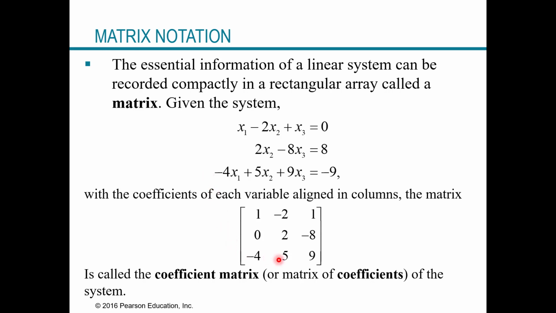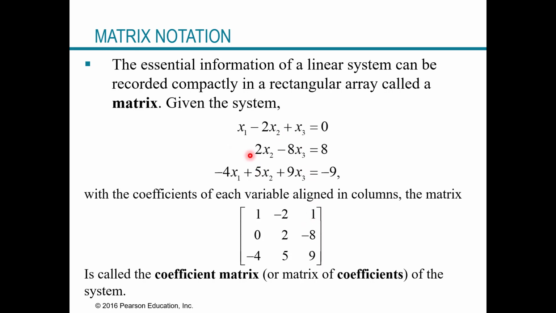Here is what's called the coefficient matrix for this system. Notice where you get these numbers from. Look at your first equation. The coefficients are what's in row 1. There's 1x1, that's why there's a 1 here, minus 2x2, that's why there's a minus 2 here, plus 1x3, and that's why there's a 1 here.